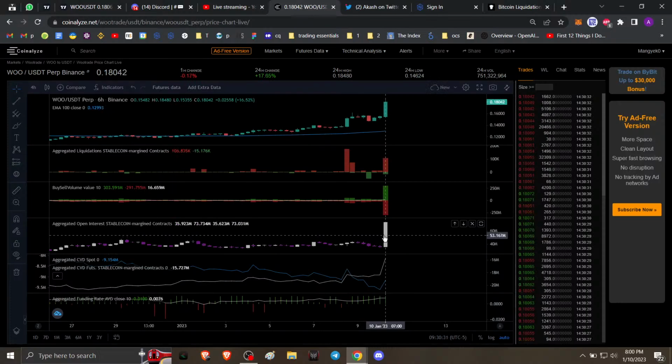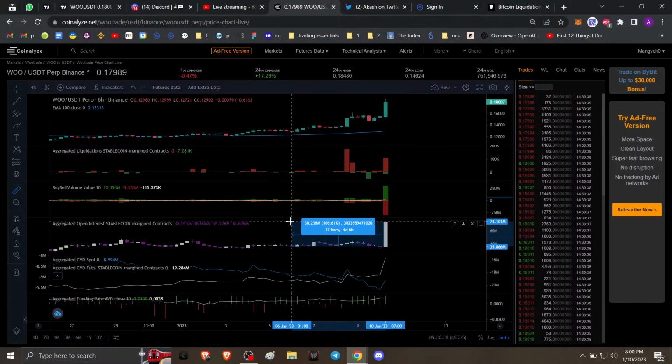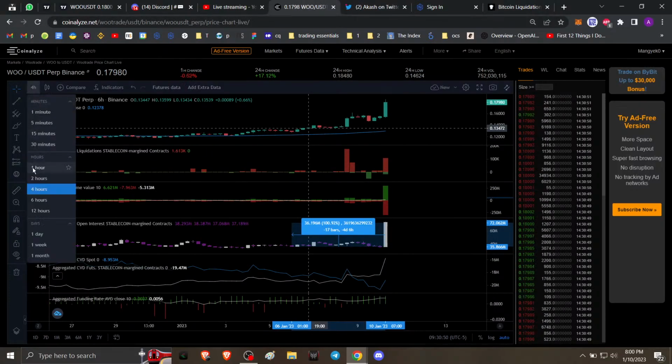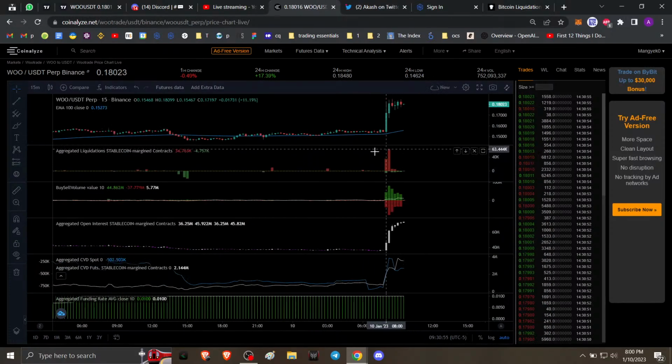The mother of all OIs. How much is this? $36 million spike in OI coming in basically from the futures. We've had liquidation on both sides. Interesting. Yeah, I think we're done for Wu as well.